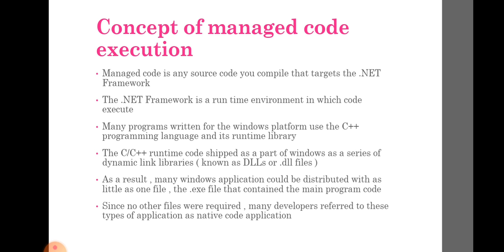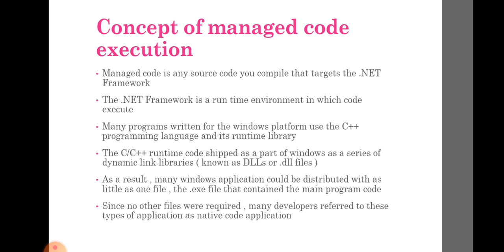In modern days, third generation programming languages changed into fourth generation programming languages. The C and C++ codes are stored as dynamic link library files. From that, we can utilize those dynamic link library files for our web applications.